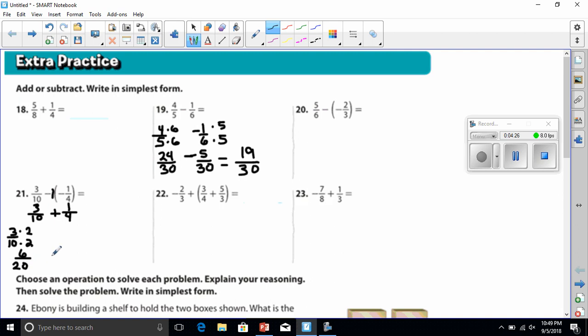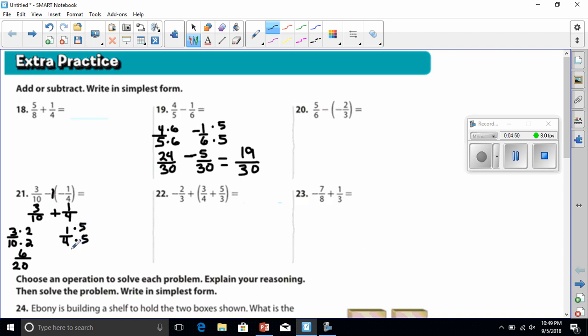We're not going to go ahead and reduce this at all because we want the denominators to stay at 20. Now let's go ahead and look at 1/4. Remember, we said we would have to multiply 4 by 5 to get 20.